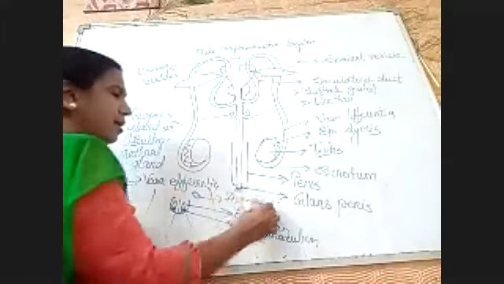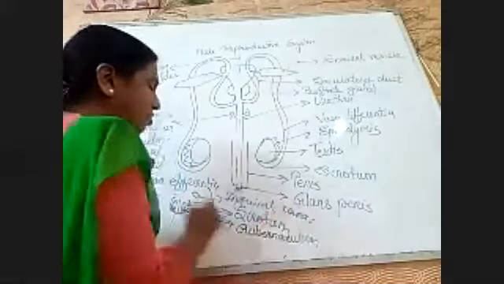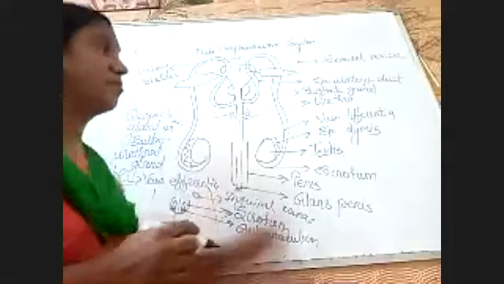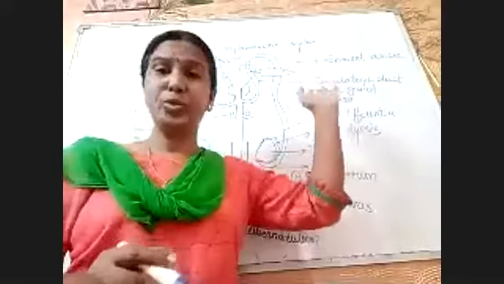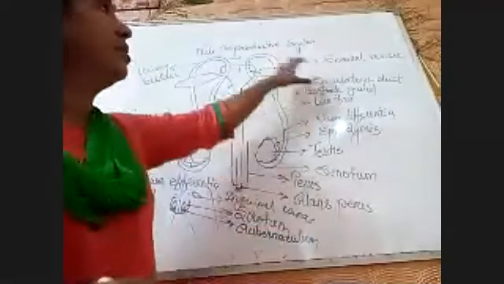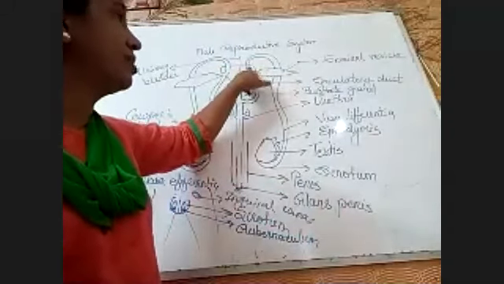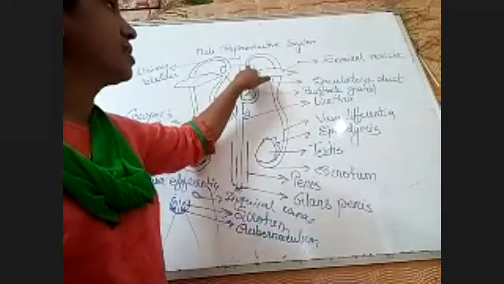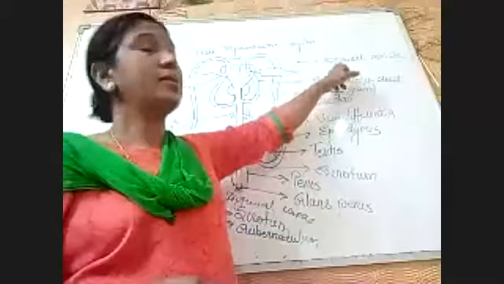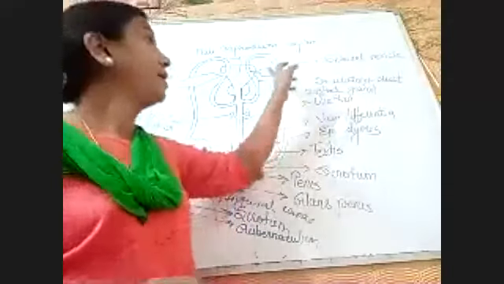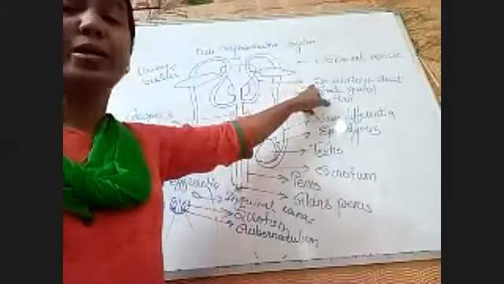Through this inguinal canal, the vas deferens will enter into the abdomen. This vas deferens will unite with the duct of the seminal vesicle and form the ejaculatory duct.